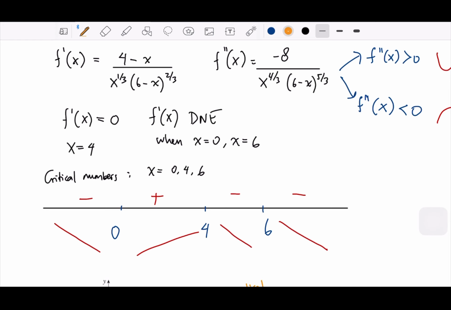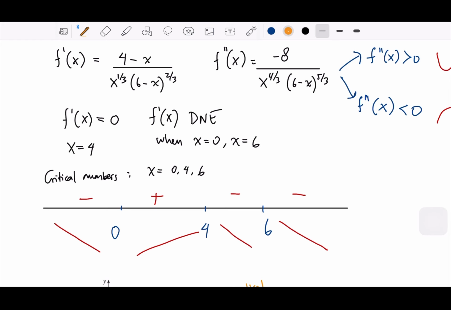So probably it's going to be a sharp point, or like this at 6, it will be a vertical tangent. And you need to check also the second derivative, the concavity. Later on I will construct a more precise procedure from the very beginning and then confirm the sketch at the end.